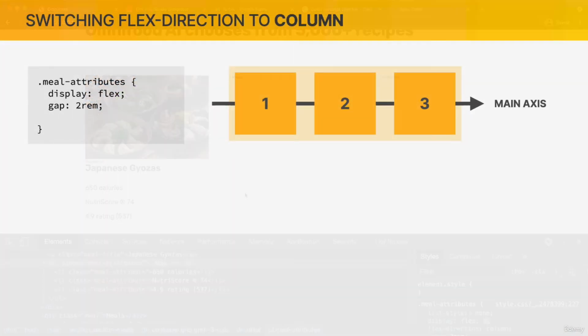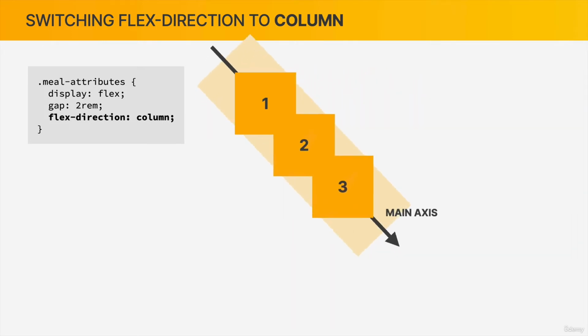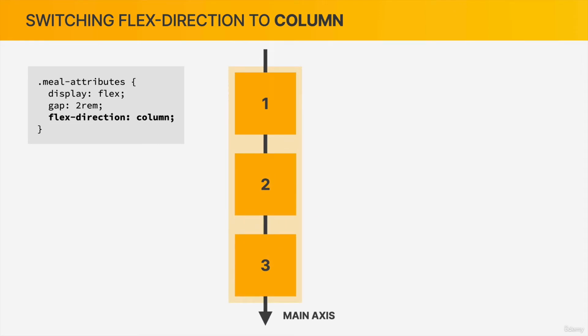Okay. And just to make this crystal clear, because it is actually a very important part of Flexbox, I'm again showing you that animation where we switch from the beginning, which is what we have right here, to adding flex direction column. And so this again is the default, which is flex direction set to row. But then once we set it to column, it will look like this. Okay.